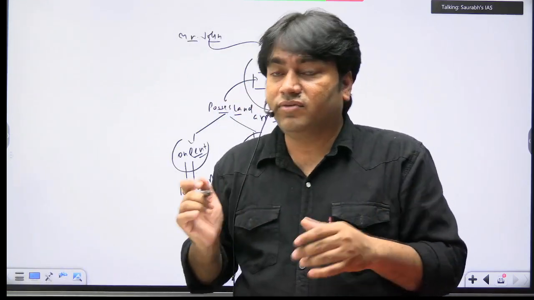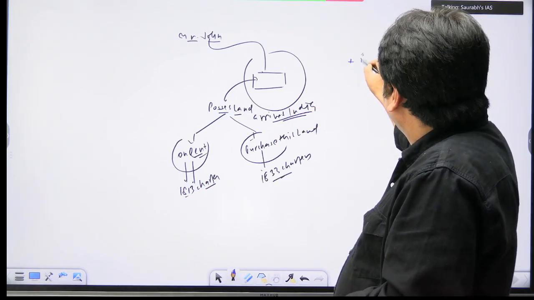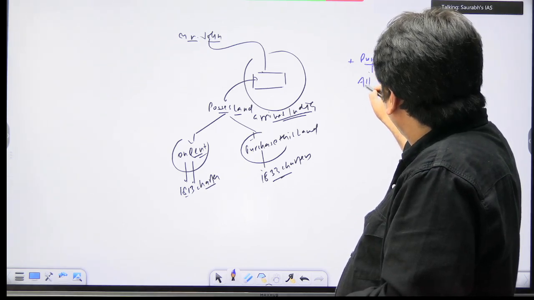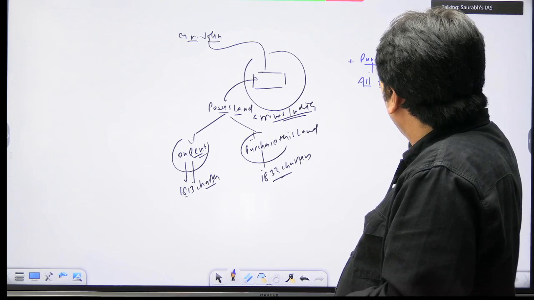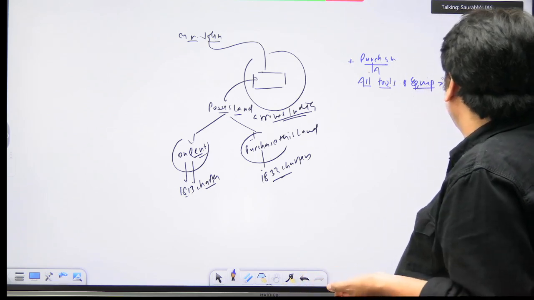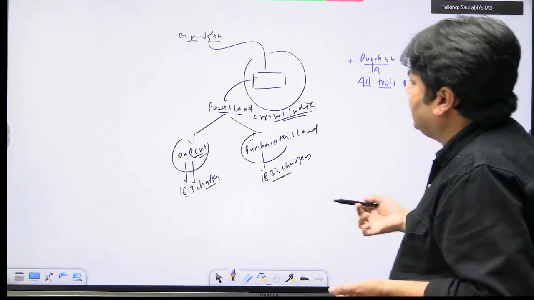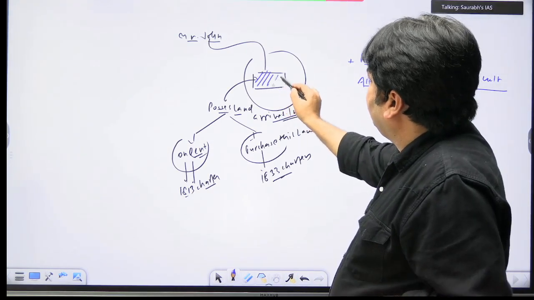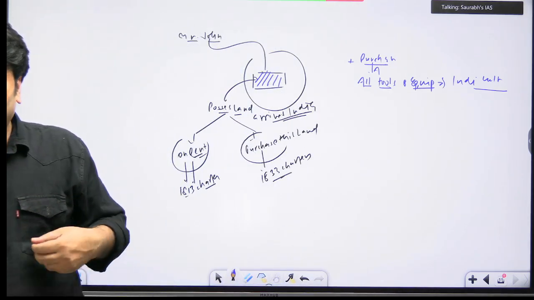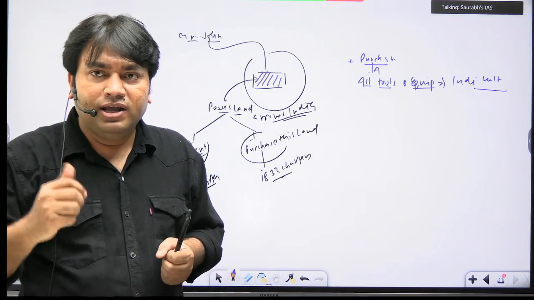After this, they will purchase all tools, agricultural tools and equipments, all tools and equipments that are needed for indigo cultivation. ये भी खरीद लिया. अब आपके पास लैंड भी है. You have all the tools and equipments that are needed for indigo cultivation.